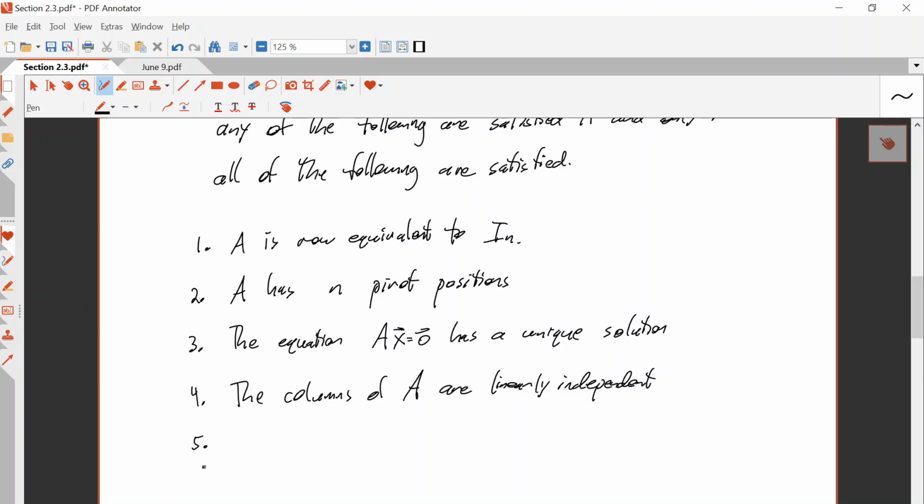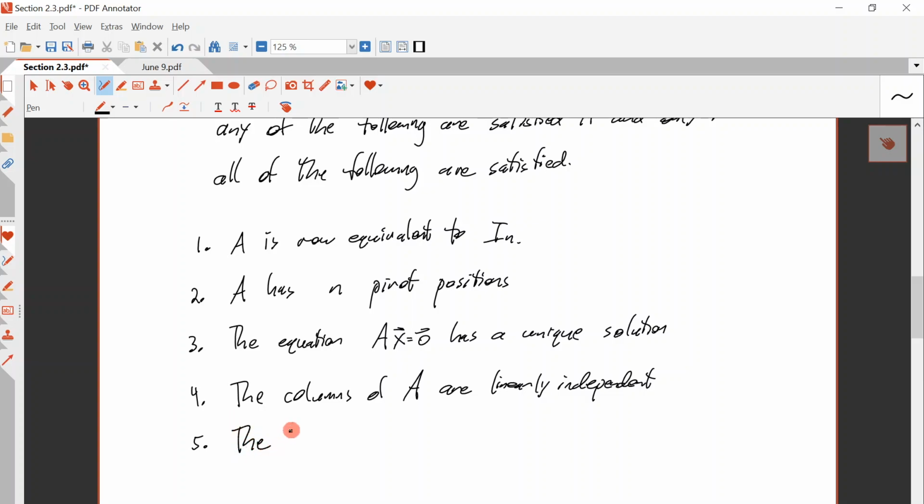And if you've got all the pivots you need, then the columns are linearly independent. So if the columns are linearly independent, you have to have n pivots. If you have n pivots, the columns are linearly independent. So these two are equivalent, and therefore this is equivalent to the other three.